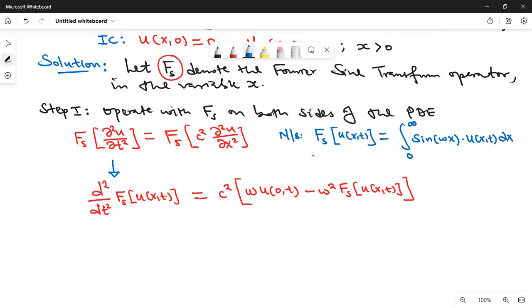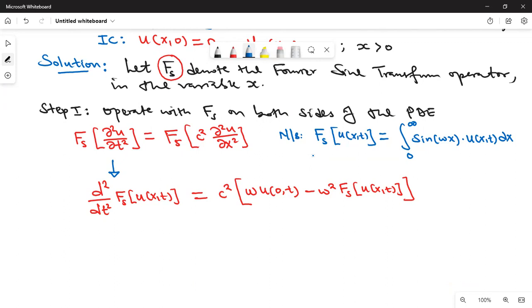So that's how we define the Fourier sine transform of any given function. When you use that, you're going to get what we have found here. Of course, you're going to use integration by parts, but I believe you already know how to derive such a transform.